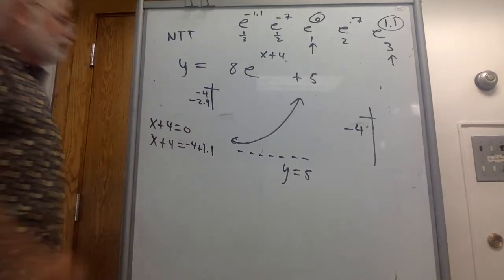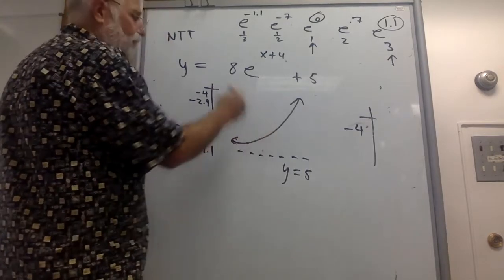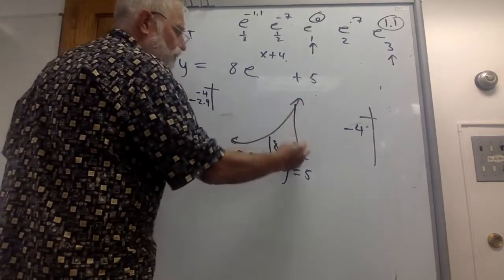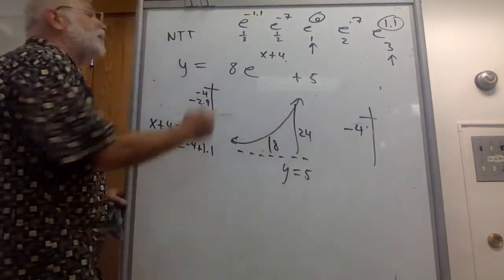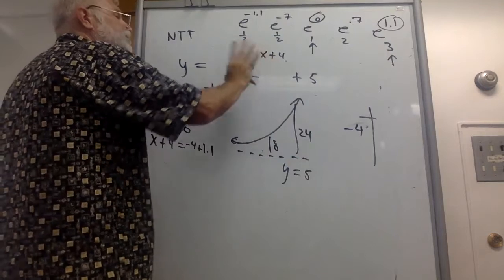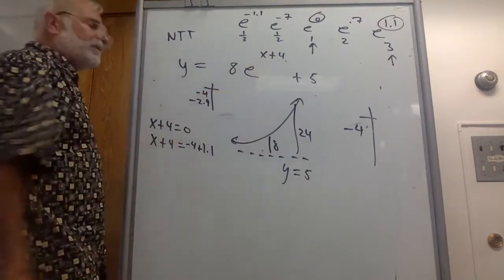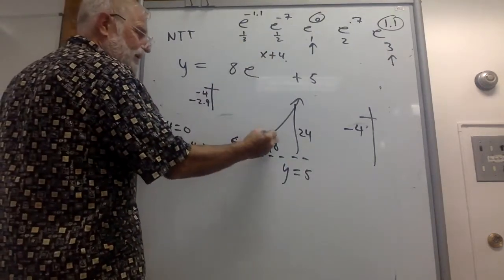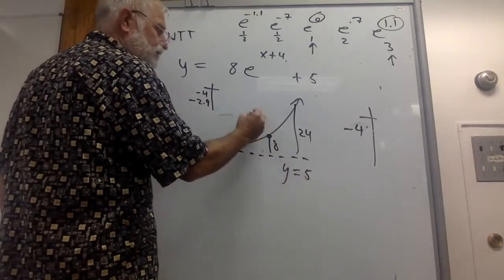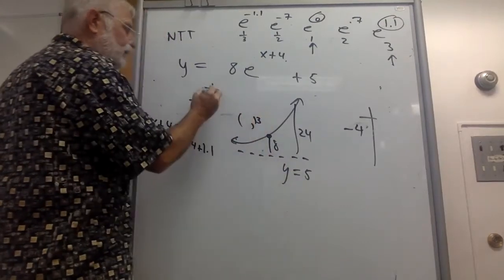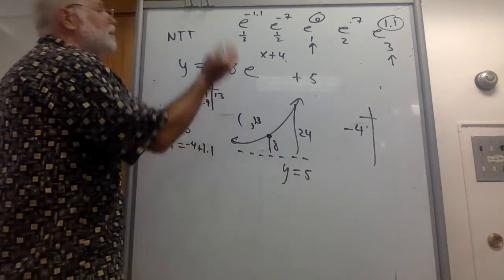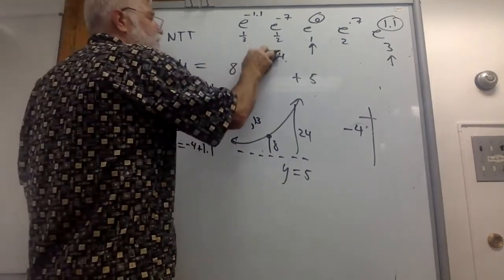All right. So what am I jumping? The first one I'm going to jump 8. The next one I'm going to jump 24 because I'm going to make this e to the 1.1, which is 3. We're going to do that every time. It's going to become a system. So 8 plus 5 is 13. That's what's going to happen when I use -4. So let's do it. Let's use -4.